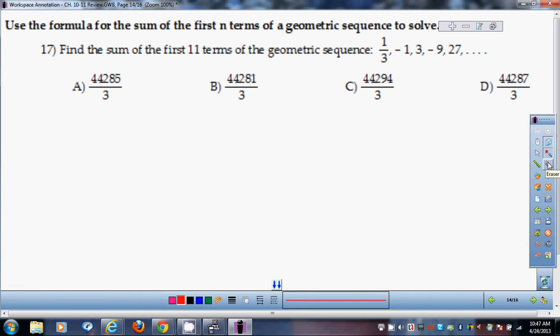The sum formula for a geometric sequence, though. Who has the formula in front of them? Maybe he can help me fill it out. Who's got the formula in front of them? Bridget.